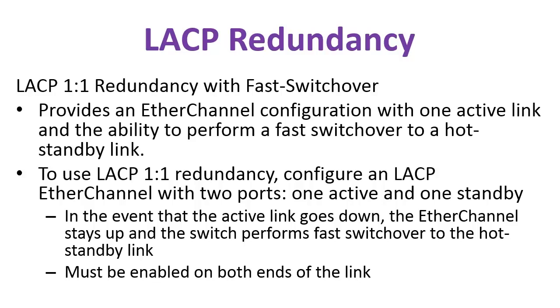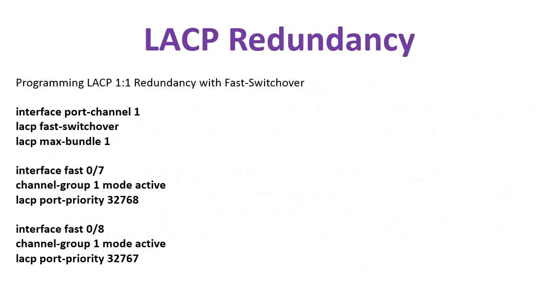And here is how you program LACP one-to-one redundancy with fast switchover. You see here on the port channel, you enable LACP fast switchover, and then you program LACP max bundle 1. And then under interface Fast 0/7, you see that the LACP port priority is set to default.